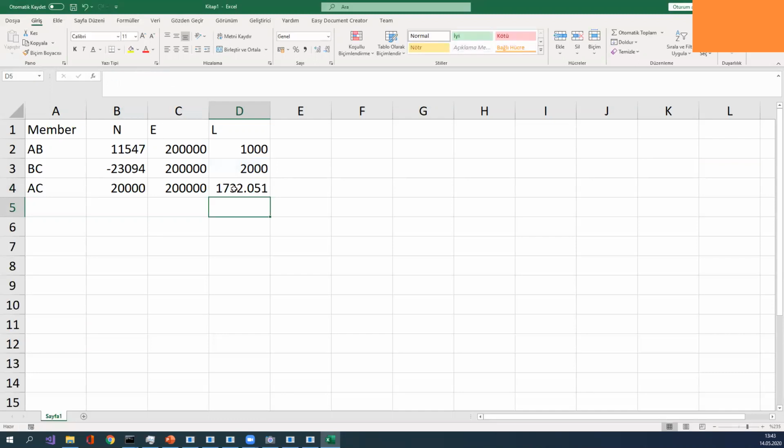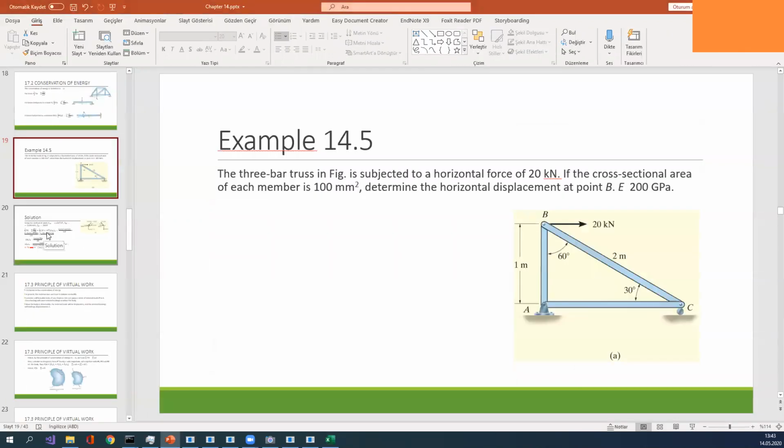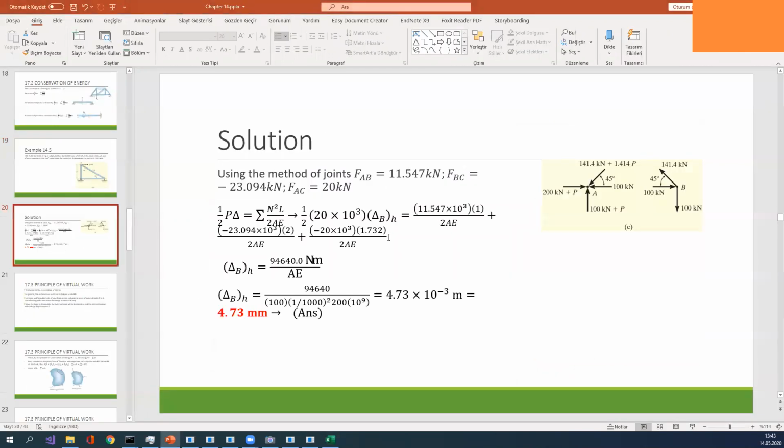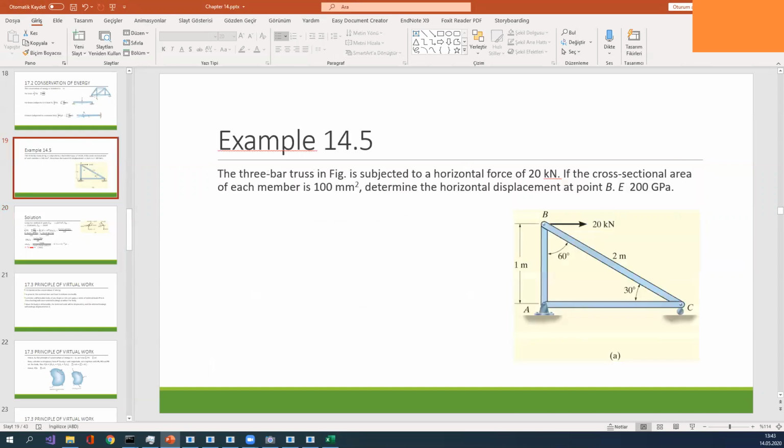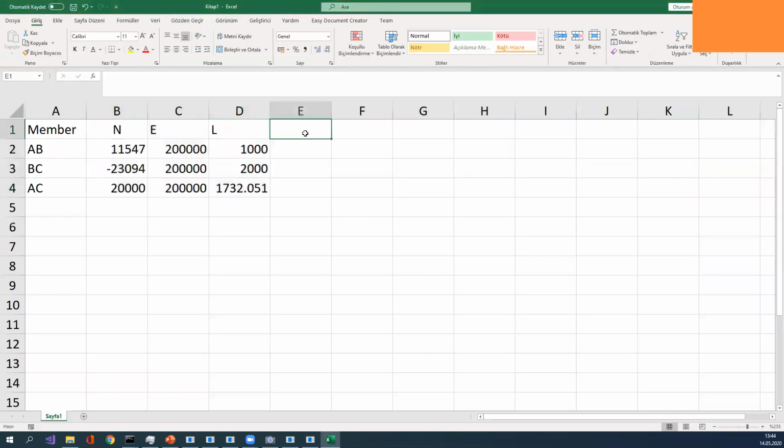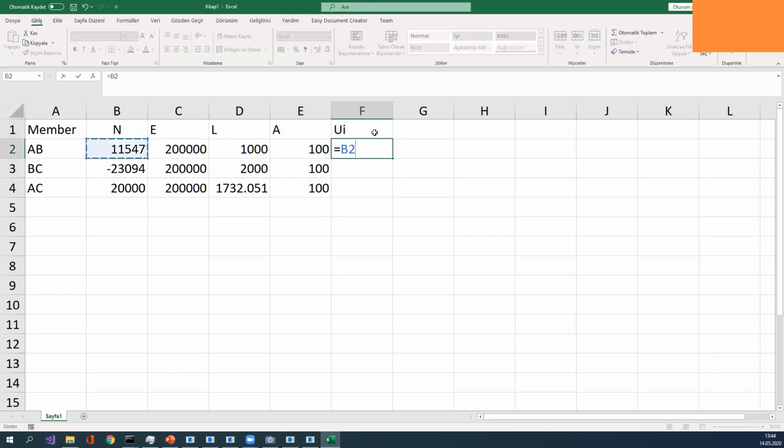Okay, and L and E are okay. You remember our formulation is N squared L over EA. Also A is missing. A is given as 100. Also I need to write it. Okay, this is 100.